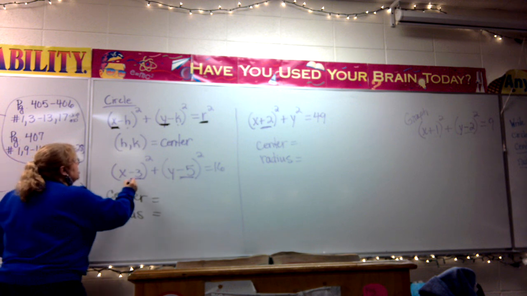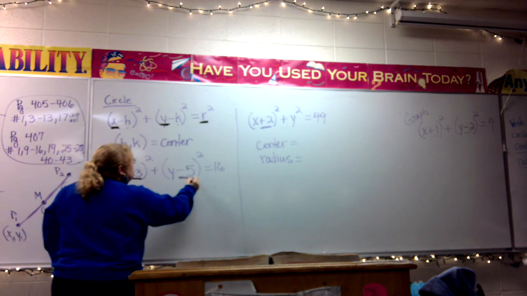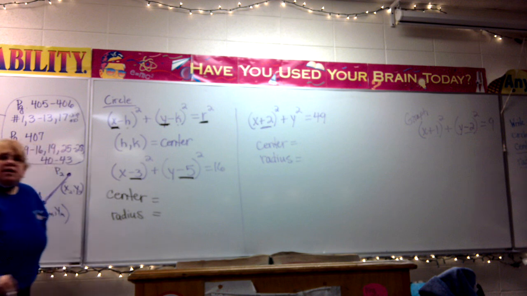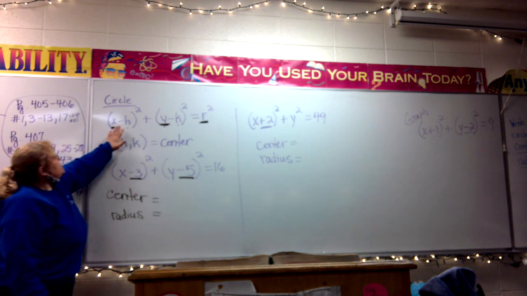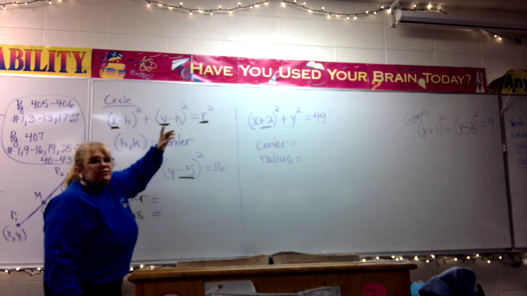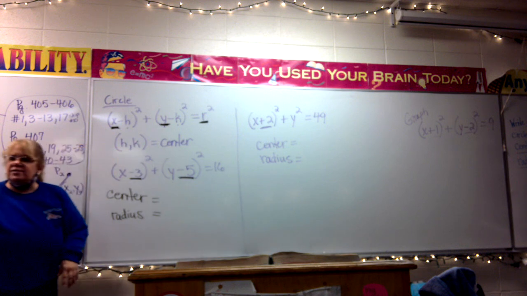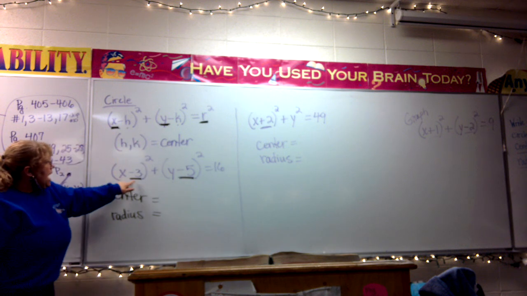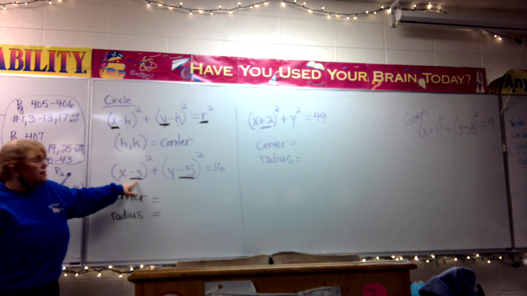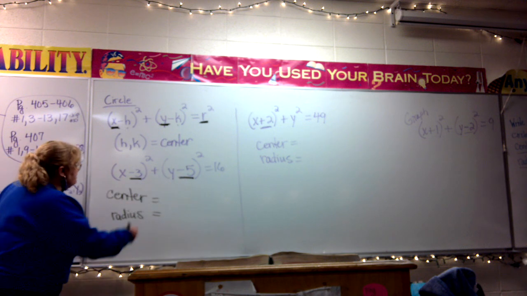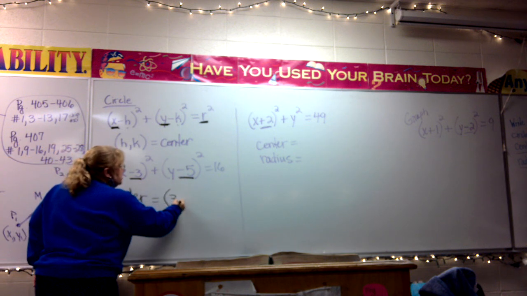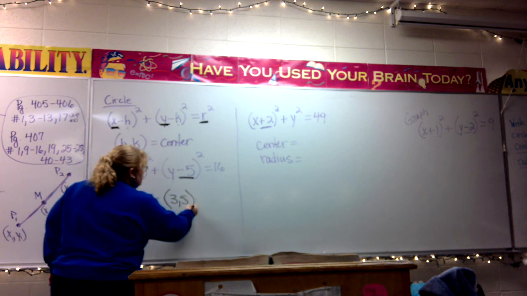Well, the center is going to be the opposite of these two values. The minus sign is part of the equation. So the opposite, 3, the opposite, 5. So the center of this circle is just the point (3, 5).